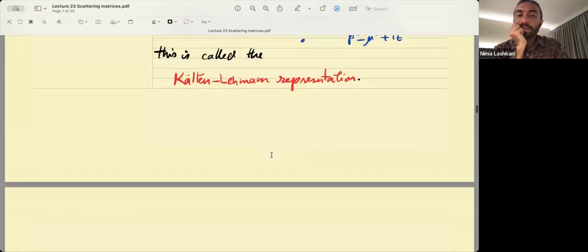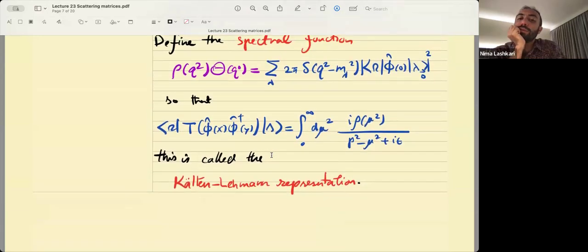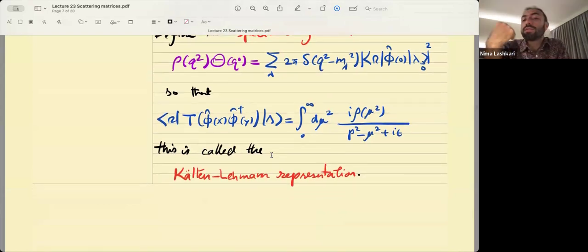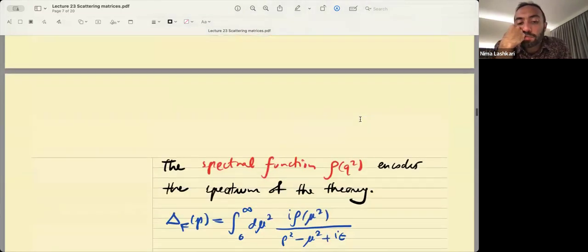All right. So this is called the Källén-Lehmann representation. You just write down the interacting two-point function propagator in terms of the free propagator, but it comes at the cost of getting a density.